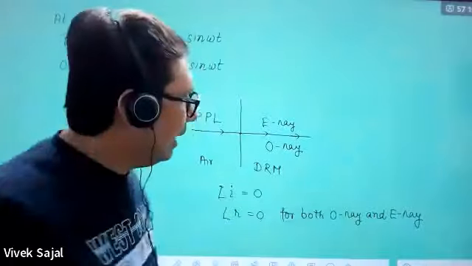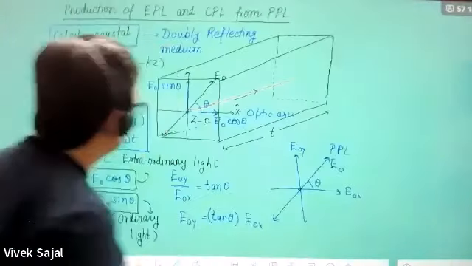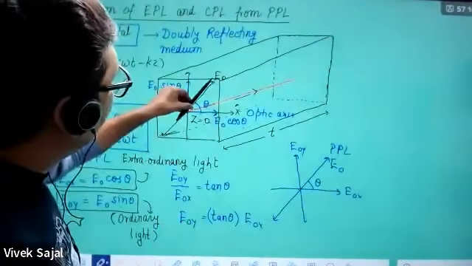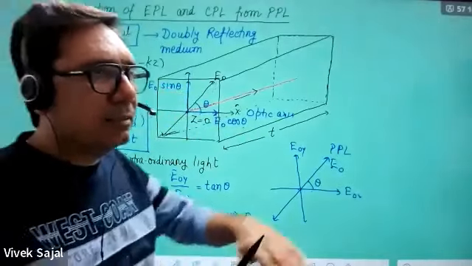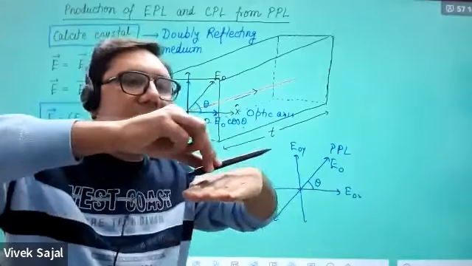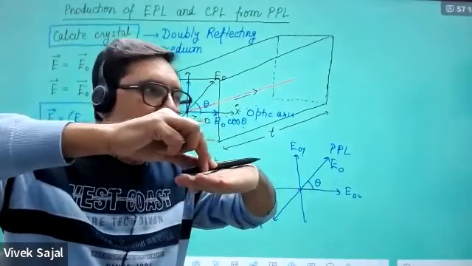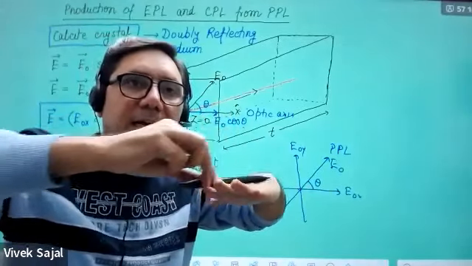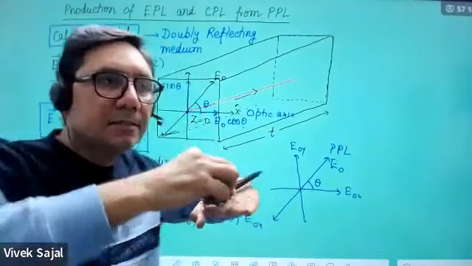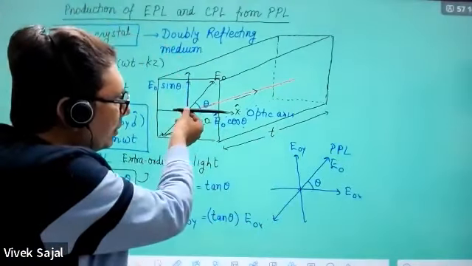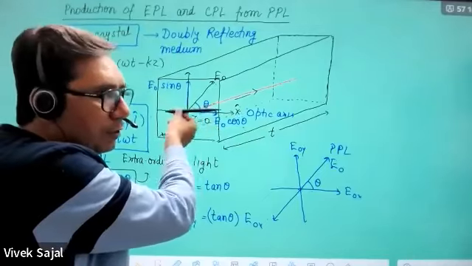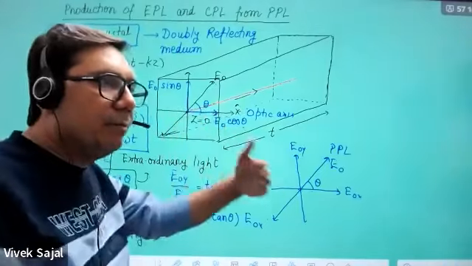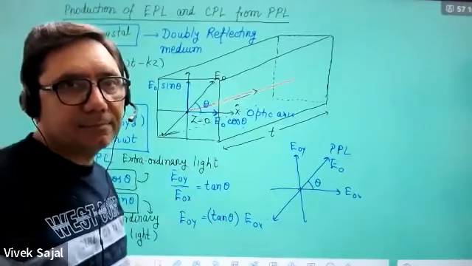And what is happening here? Try to understand. One of the electric components is becoming parallel to the optic axis. So automatically this component will lie in the principal section. This electric field component is parallel to the optic axis, so automatically it will be parallel to the principal section.